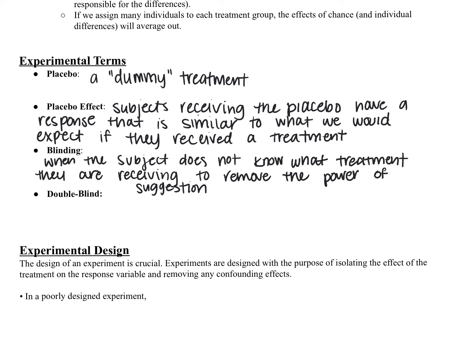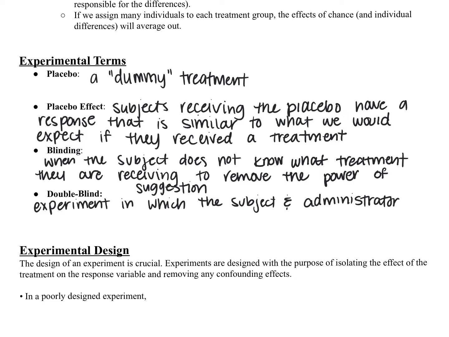And then a double blind goes one step further. So it's an experiment in which the subject and administrator do not know who receives the treatment.